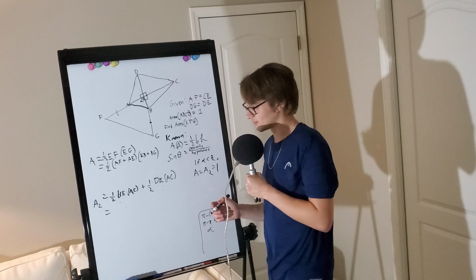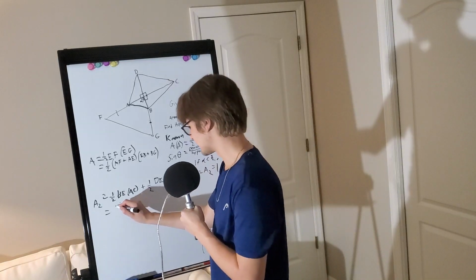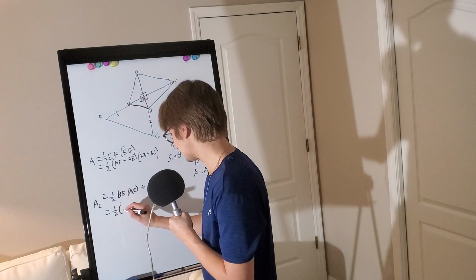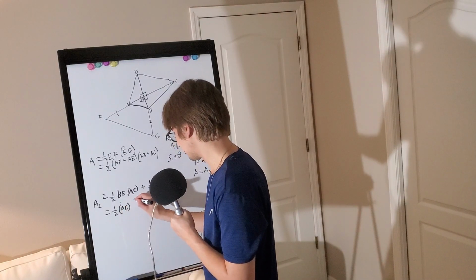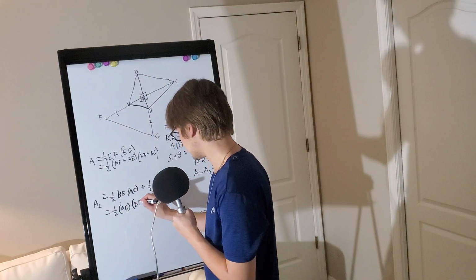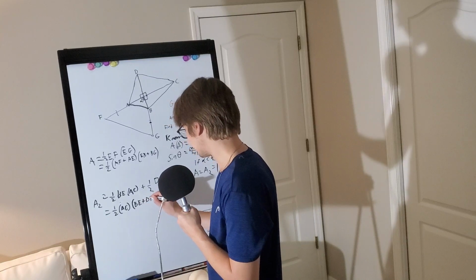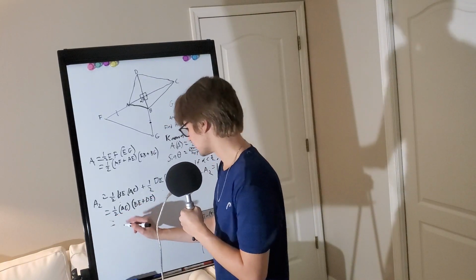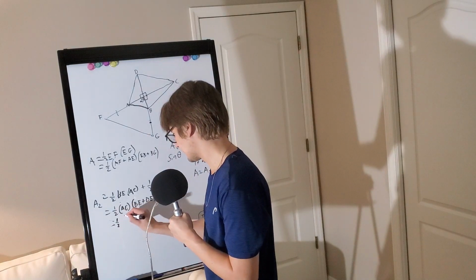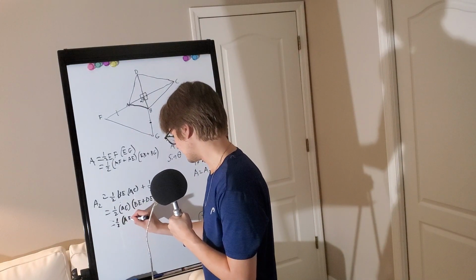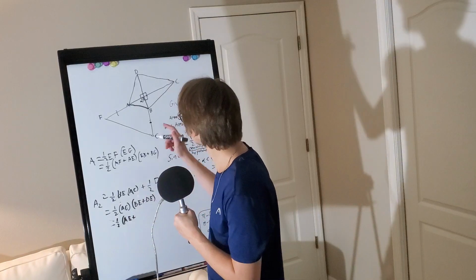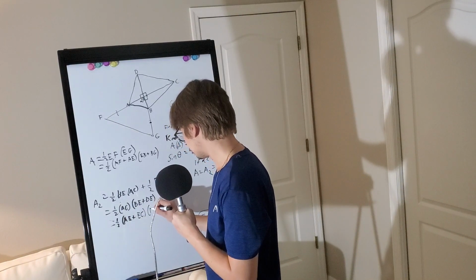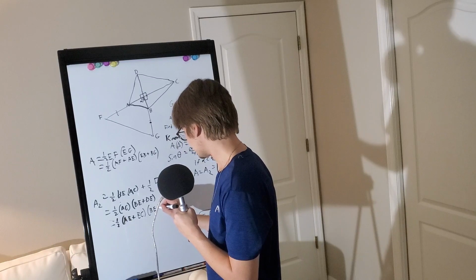Now let's use the distributive property to clean this up a little bit. So this would be 1/2 AC (BE plus DE). And AC can be expanded out into (AE plus EC) (BE plus DE).